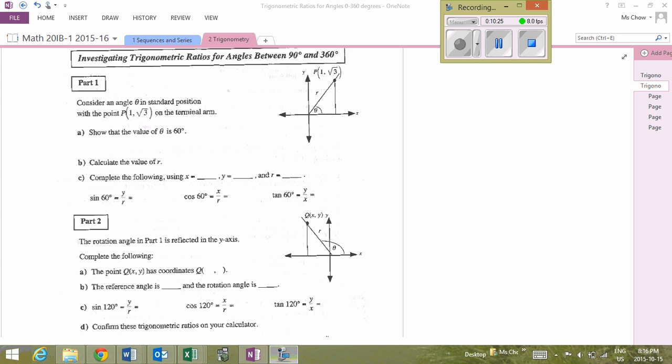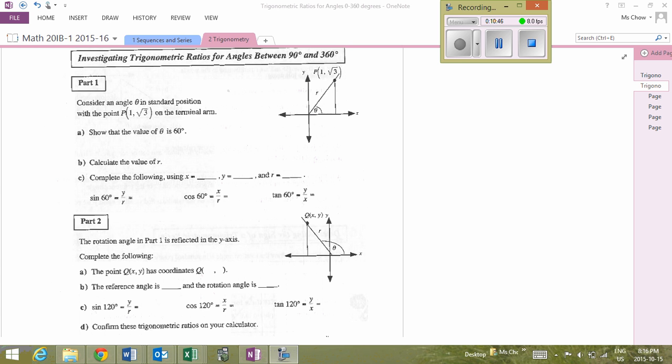So if we turn the page, there's a little investigation happening here: investigating trig ratios for angles between 90 degrees and 360 degrees. If we consider angle theta in standard position with the point P (1, root 3) on the terminal arm, show that the value of theta is 60 degrees. There's a couple of ways that we can do that.